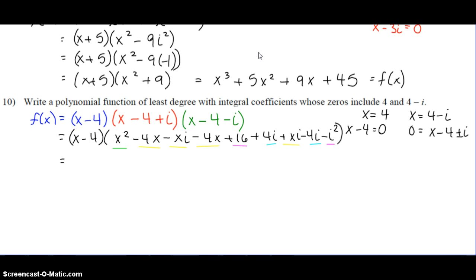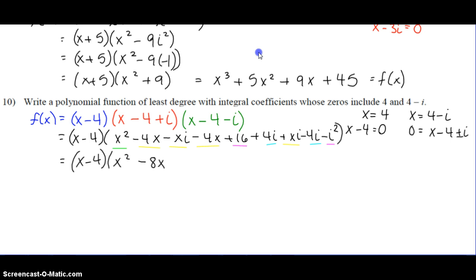Okay, so I've highlighted the like terms. We know that there's only the one x squared term, but we have several terms that have x. We have negative 4x minus 4x again. That's going to end up giving us a minus 8x. And then we have the xi.